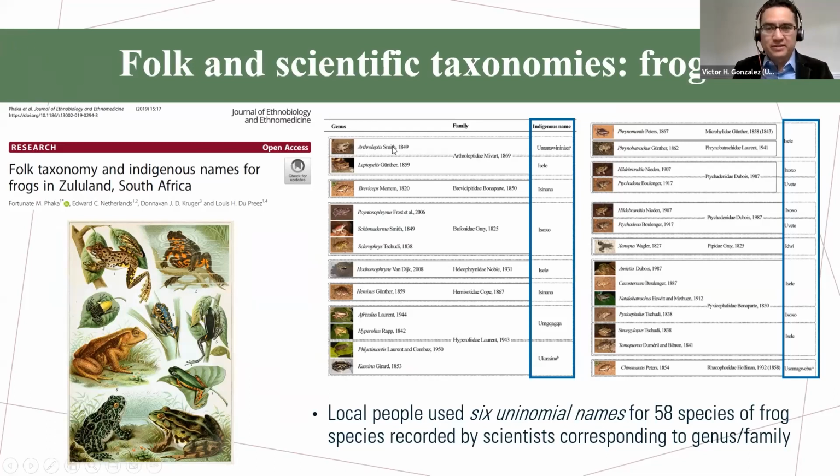And here in these two-column tables, the column on the left has the species with all the scientific classification, the family in the middle, and then the indigenous names that are used. As you may have noticed already, one name can be applied to multiple genera and multiple families, but in general, these 6 names try to make larger groups, right?